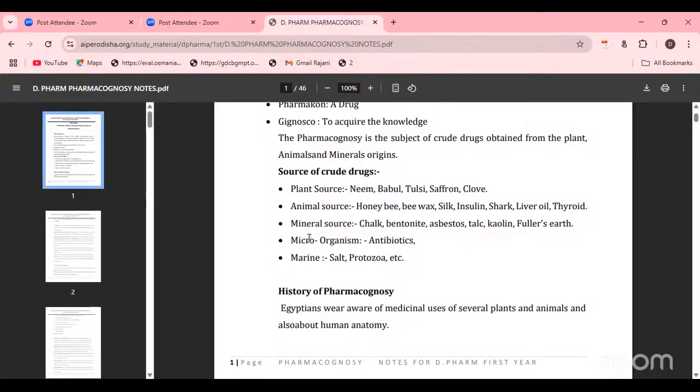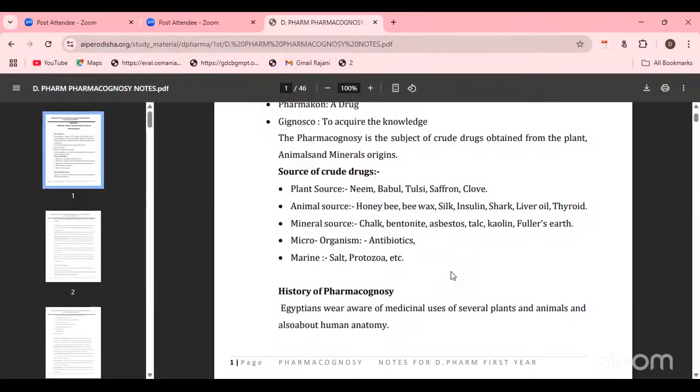Animal source: honeybee and bee wax, silk, insulin, shark liver oil, thyroid. Next one is microorganisms: antibiotics, etc.